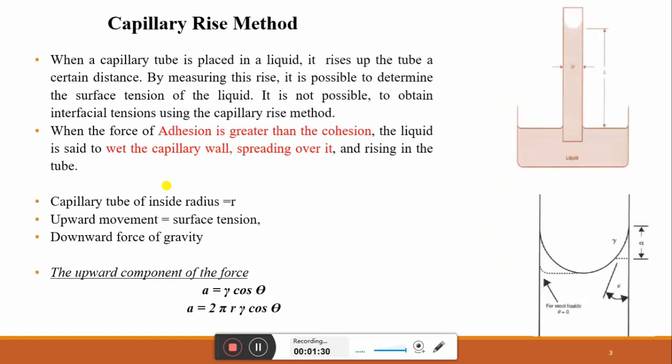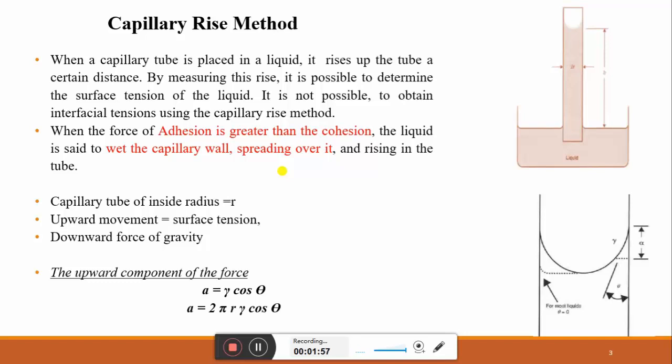So start with the first method, the capillary rise method. When we place a capillary tube into a water-containing beaker, first the water has a tendency to wet the glass surface. Why does it wet the glass surface? Because of the adhesive force between water and the wall of the capillary, that is, glass surface and water.